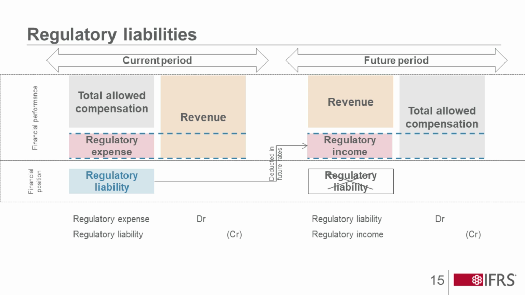Therefore, a regulatory liability is defined in the exposure draft as an enforceable present obligation created by a regulatory agreement to deduct an amount in determining a regulated rate to be charged to customers in future periods, because the revenue already recognized includes an amount that will provide part of the total allowed compensation for goods or services to be supplied in the future.